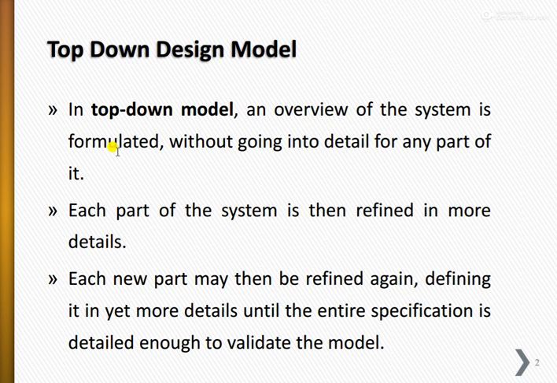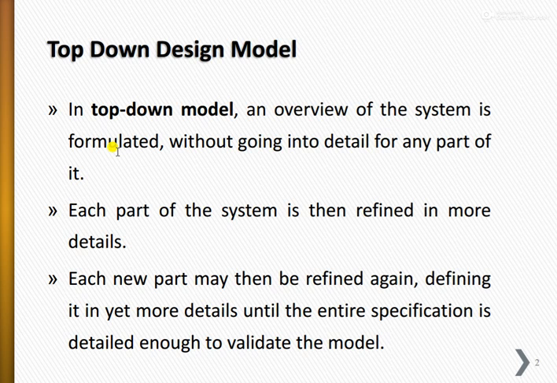Each part of the system is then redefined in more detail. As time goes on, you are going to refine every part of the system in more detail. Each new part may then be refined again, defined in yet more detail, until the entire specification is detailed enough to validate the model.